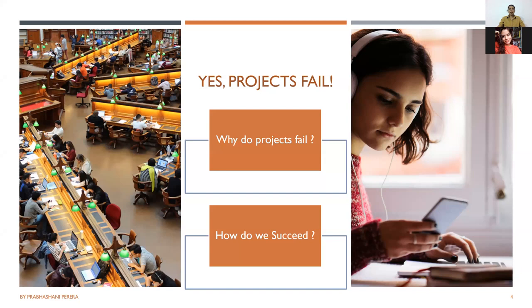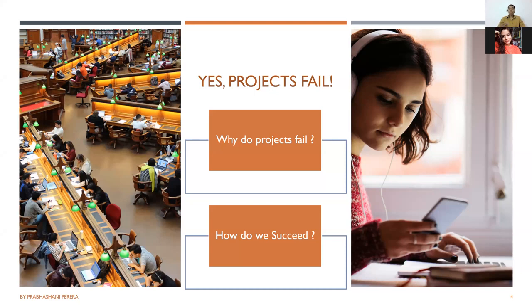projects do fail. And I think we can talk about so many projects, even in our day-to-day lives, which didn't really go well because we didn't have the right person with the right skill set to coordinate the work, coordinate the dependencies, and look at it from an overall perspective, end to end, to get that project delivered.